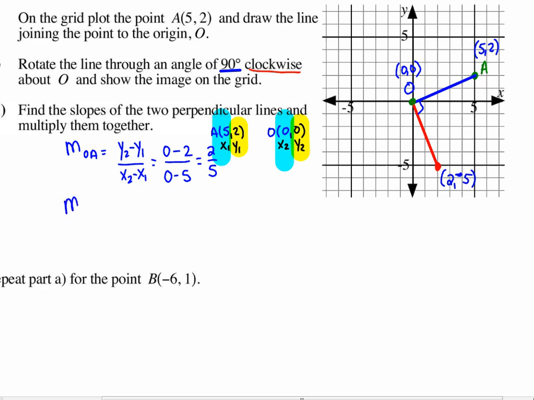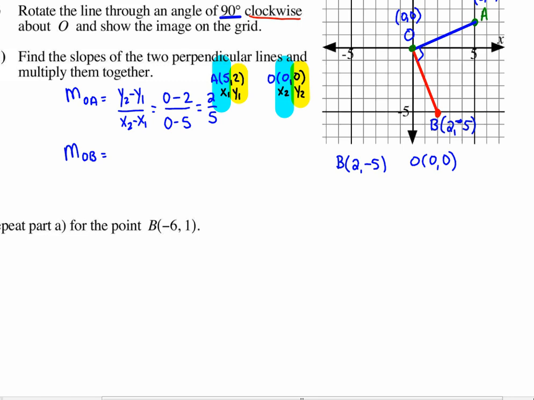Okay, slope of OB. So now we have the points. Oops. B is, this is a B. 2 and negative 5. And O is still 0, 0. So what would it be? What minus what? 0 minus negative 5.